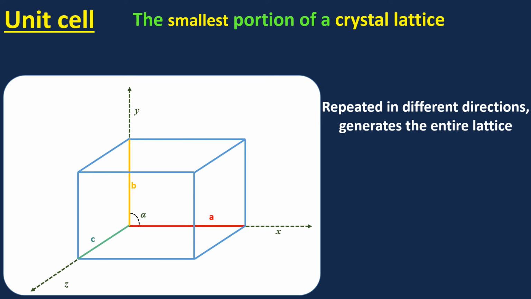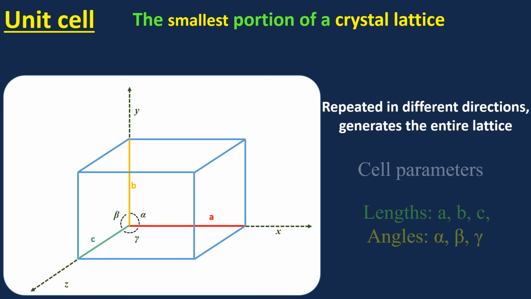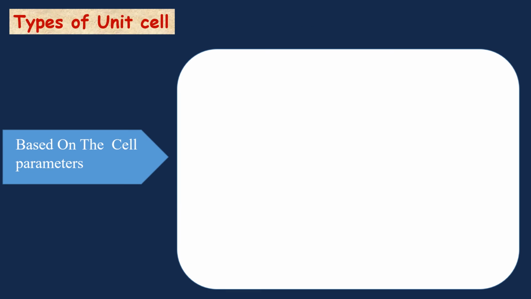The angle between a and b is considered as alpha, between b and c is beta, between c and a is gamma. These 6 terms are called cell parameters, in which lengths are a, b and c, and angles are alpha, beta and gamma. Now we can construct different types of unit cells based on the cell parameters.